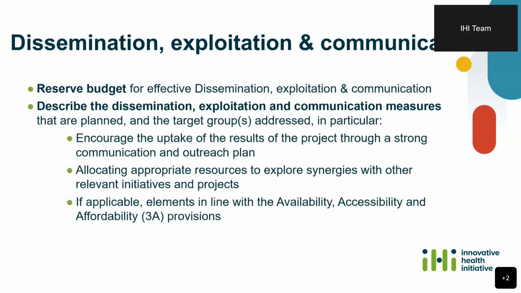Whenever applicable, and this will be mentioned in the call topic text, you should also include elements in line with availability, accessibility, and affordability provisions, which we call the 3A.